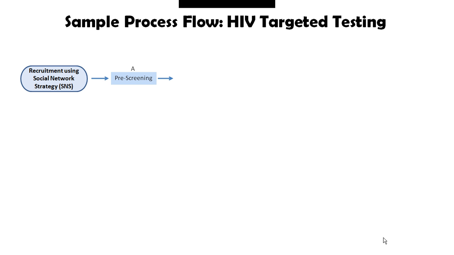The first process we're going to do is a pre-screening of that person to determine whether they're eligible for our targeted testing program. So are they a part of our priority population? If that person is a part of our priority population, then we ask the question, is this person at high risk and from our priority population?